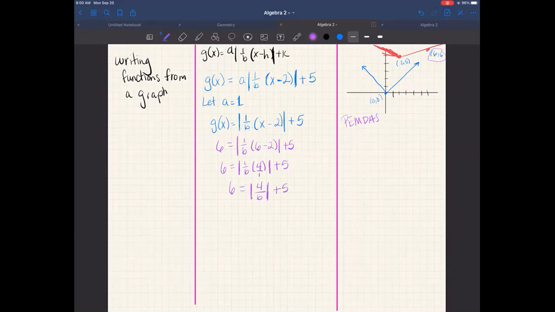Okay. Now what do I want to do next? Subtract the 5 from 6. Yeah, so I'm going to subtract the 5. That gives me 6 minus 5, which is just equal to 1.